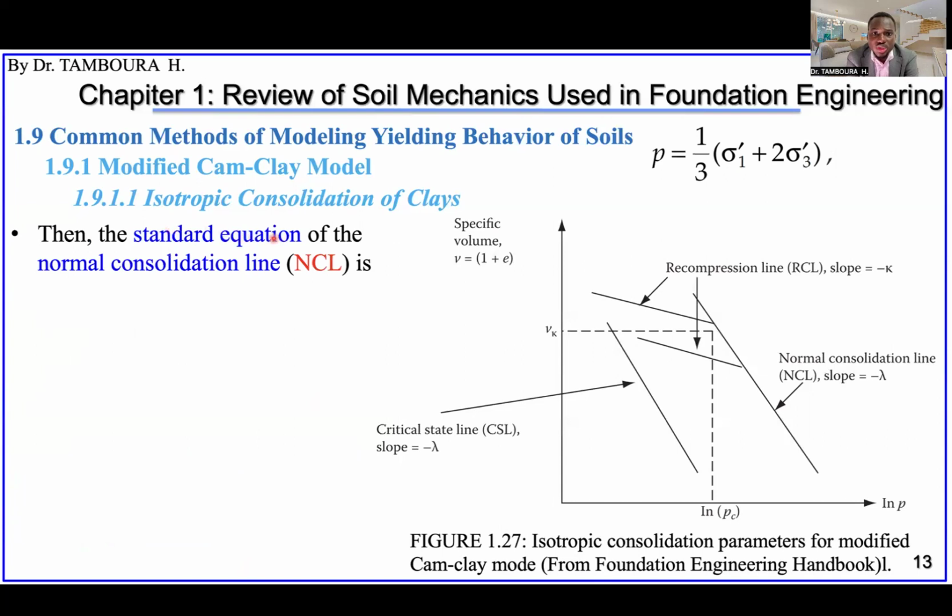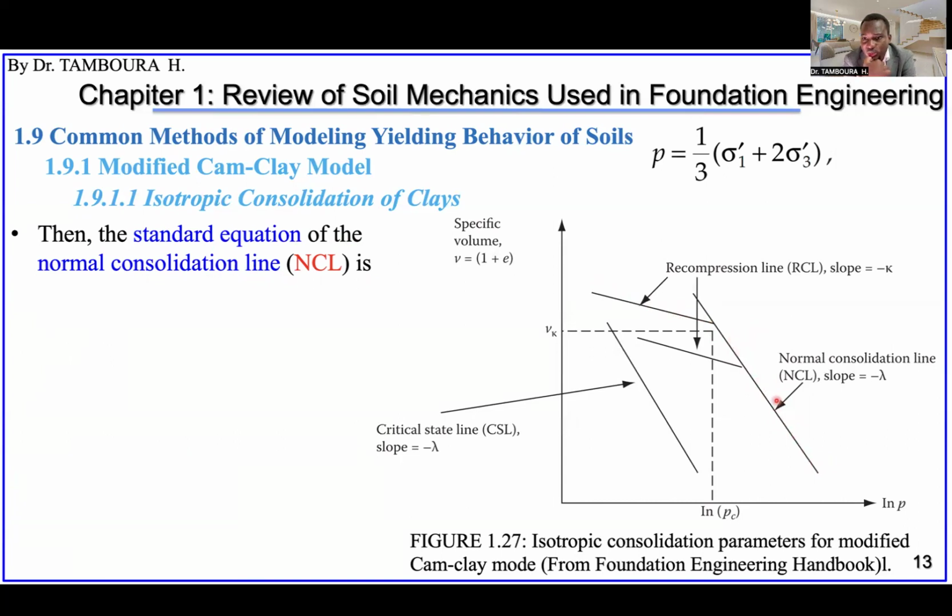So the standard equation of the normal consolidation line, this normal consolidation is this one. Normal consolidation. This line. This is the recompression line. And this is the compression line.